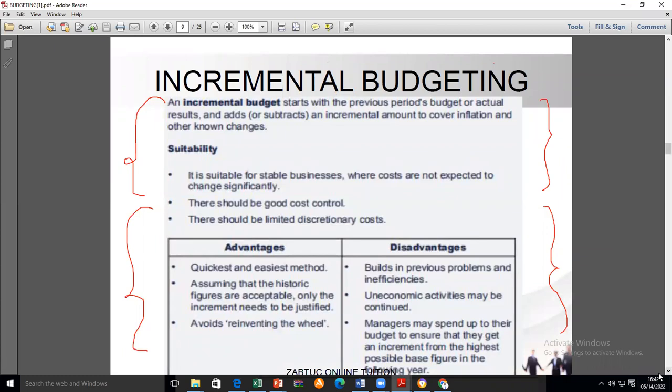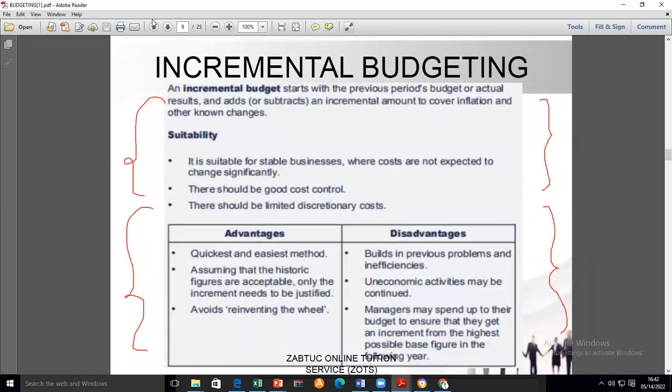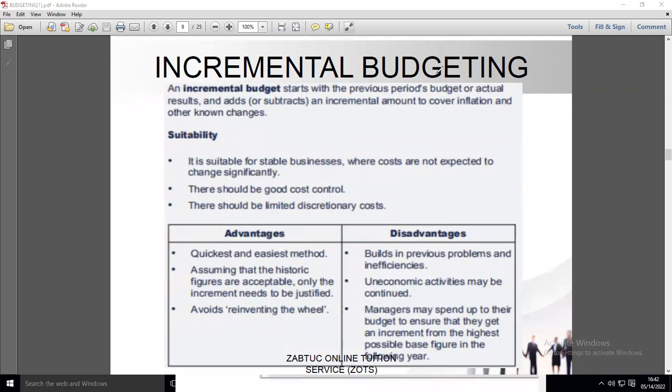Now we have seen in one of the questions, what was the question talking about? Incremental budgeting, isn't it? Incremental approach. So what does the incremental approach say? An incremental budget starts with the previous period's budget or actual results and adds or subtracts an increment amount to cover inflation and other known changes.